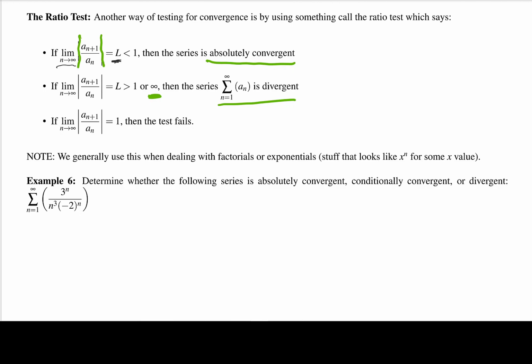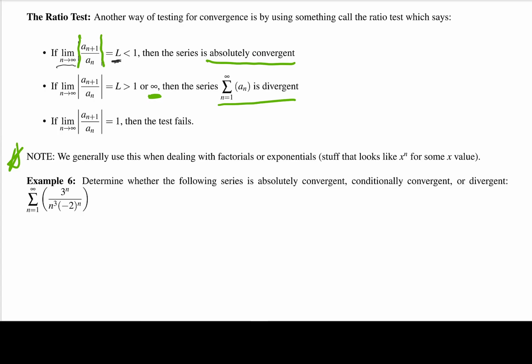Now, one of the tricky things about what we've been encountering lately is when do I use all of these different tests? So we know when to use telescoping or geometric series because we kind of figure out, okay, does this have a power of n? Well, then it might be a geometric series. Do we have terms canceling out? Well, then it might be telescoping. And we've kind of looked at when we should apply various other tests. So now I want to look at when do we apply the ratio test.